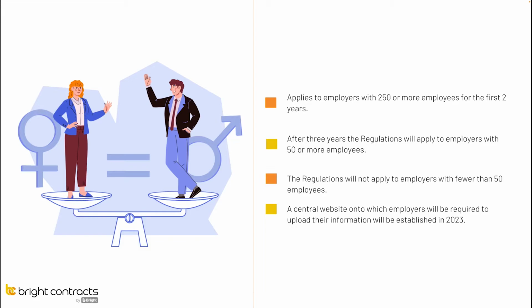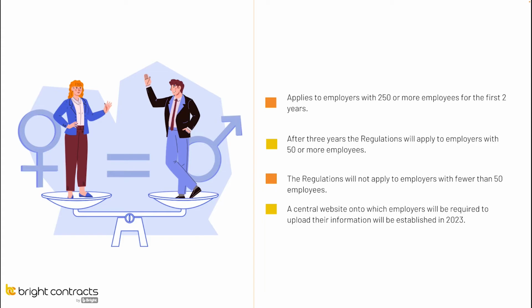Now, it does only apply to employers with 250 or more employees for the first 2 years after their introduction. And in the third year, the regulations will also apply to employers with 150 or more employees. After 3 years, the regulations will apply to employers with 50 or more employees. The regulations will not apply to employers with fewer than 50 employees.